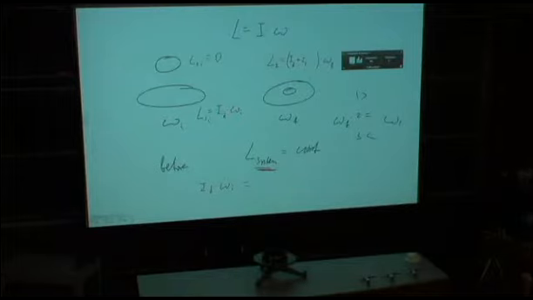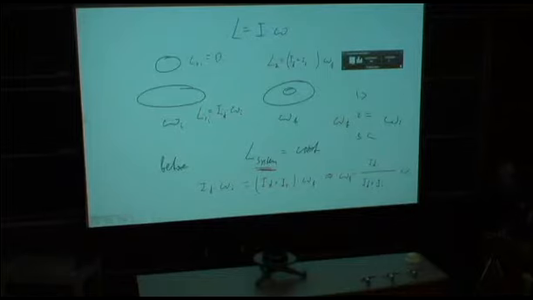The law of conservation of angular momentum tells us that the final angular momentum of the system has to be equal to the initial, and we can solve it for the final angular velocity, which is going to be equal to this ratio times the initial angular velocity.